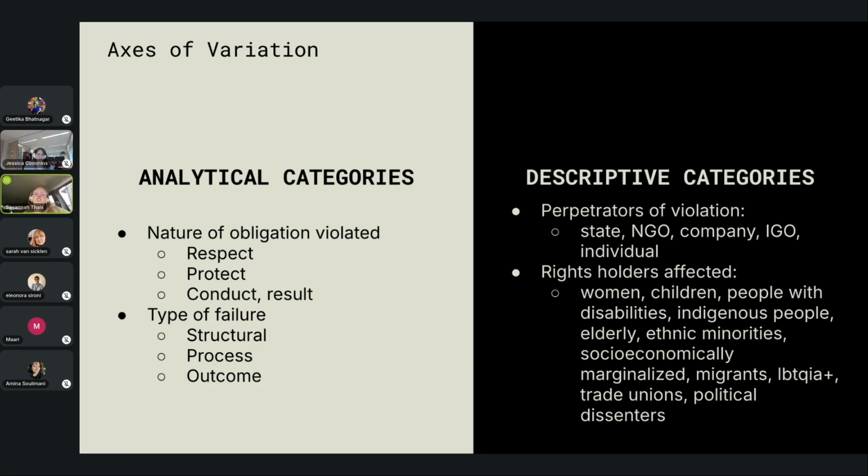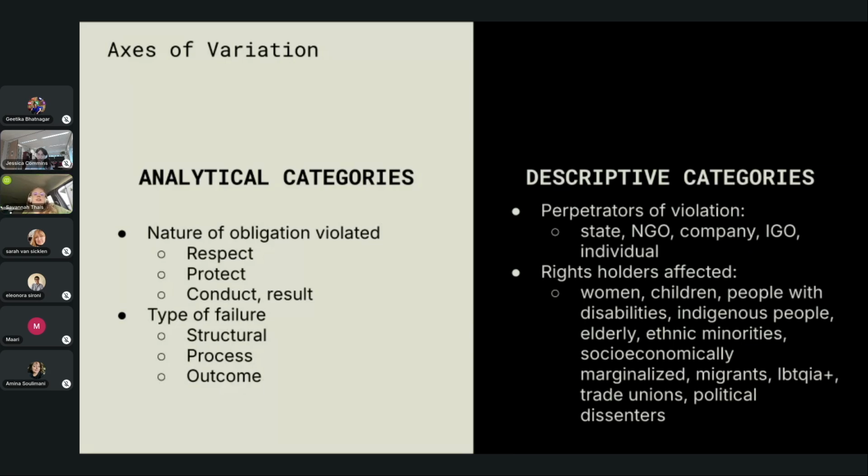And we want to make sure that our benchmark data set represents all of these different variations. So we divide our taxonomy into two categories. We have analytical categories, which may not be mutually exclusive, and then descriptive categories that are more quantized.